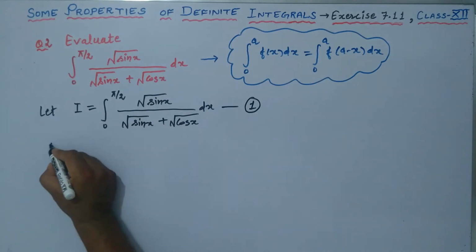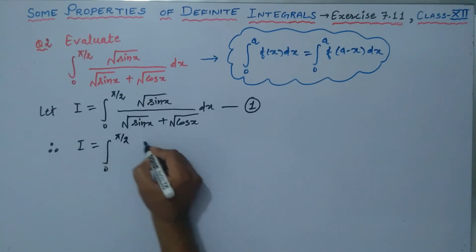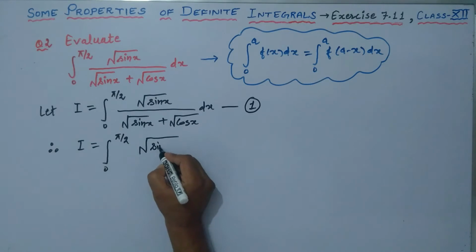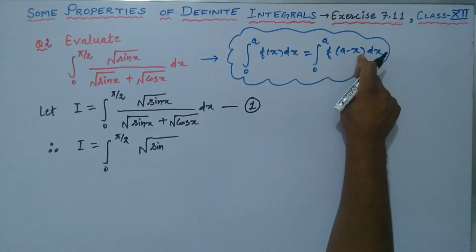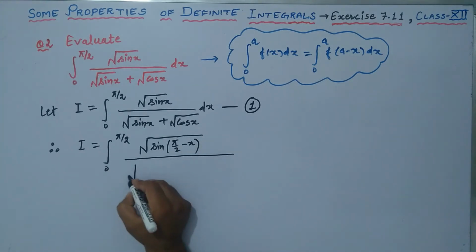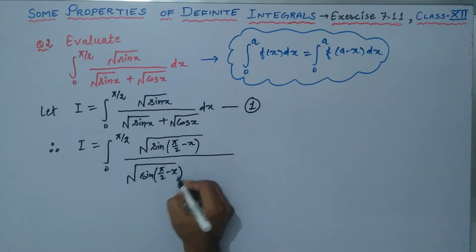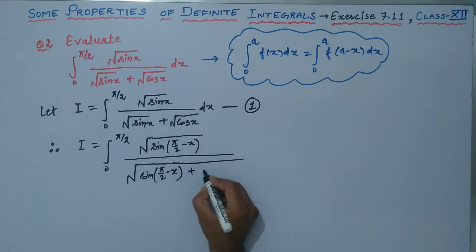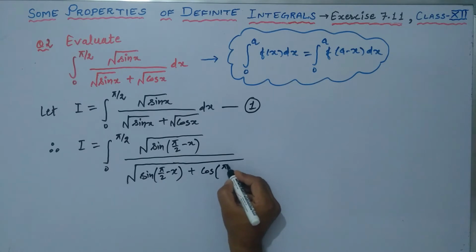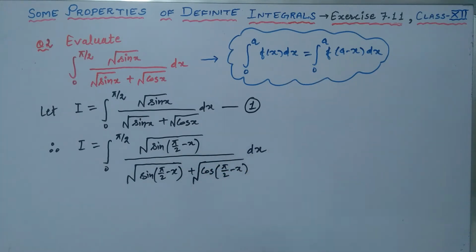Now we follow this property. The question becomes I is equal to the integral from 0 to pi by 2 of square root of sine of a minus x, that is, pi by 2 minus x, divided by square root of sine of pi by 2 minus x plus square root of cos of pi by 2 minus x, dx.